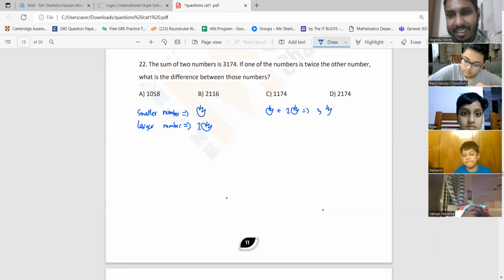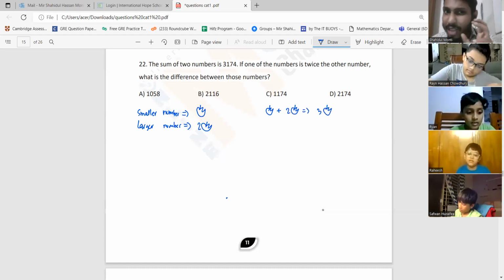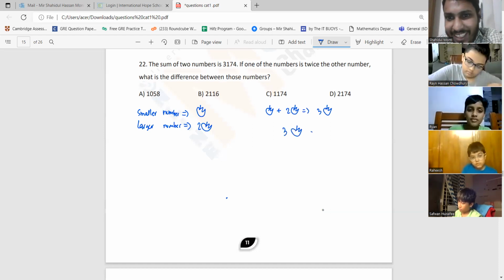Now students, the sum of the two numbers is 3174. Can I say 3 mangoes is equal to 3174?